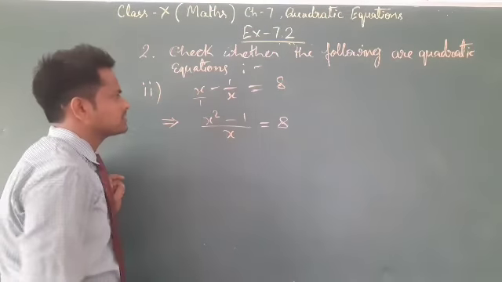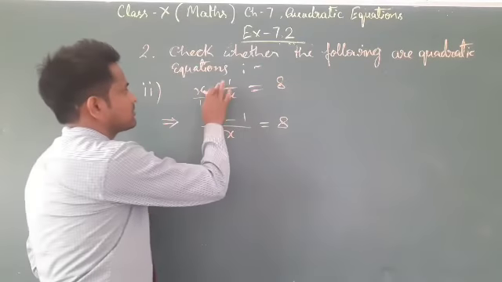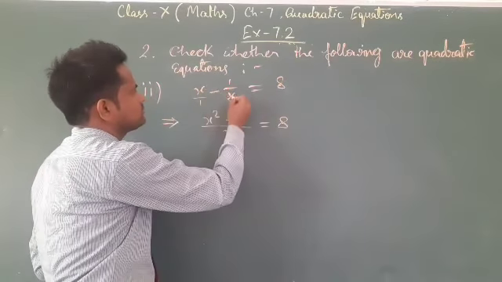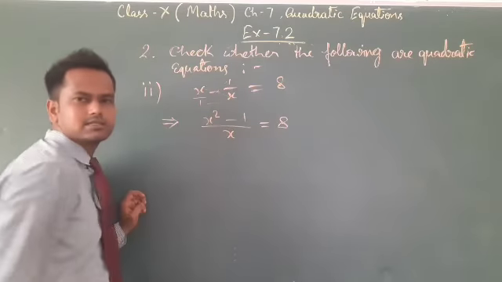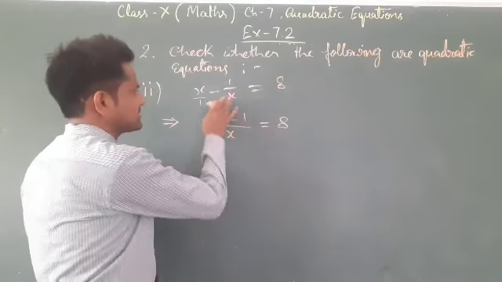Such types of fractions, if you want to solve easily, then just cross multiply to each other, x into x, 1 into 1 and 1 into x. Got it? That is the simple way to simplify such types of fractions.